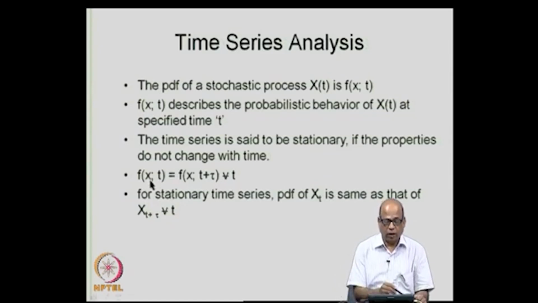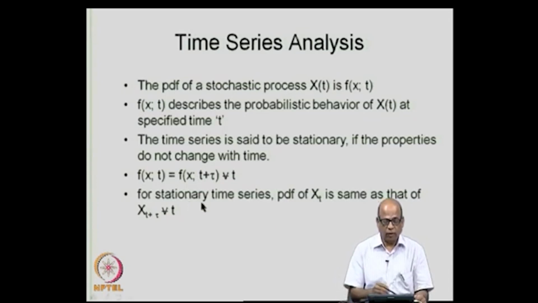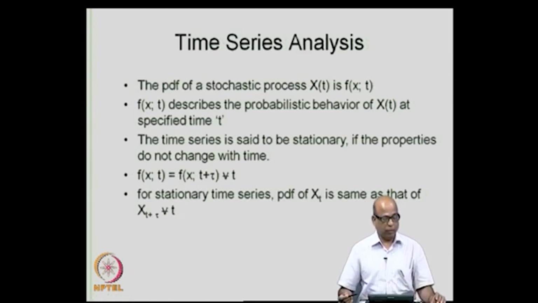That is, if the PDF of x t is equal to the PDF of x t plus tau for all time t, where we are considering a lag of tau, and the PDF remains the same for all time periods t, then the process is said to be strictly stationary. So, for stationarity of a time series, the PDF of x t is the same as the PDF of x t plus tau for all t, where tau is the time lag that we are considering between the two random variables.